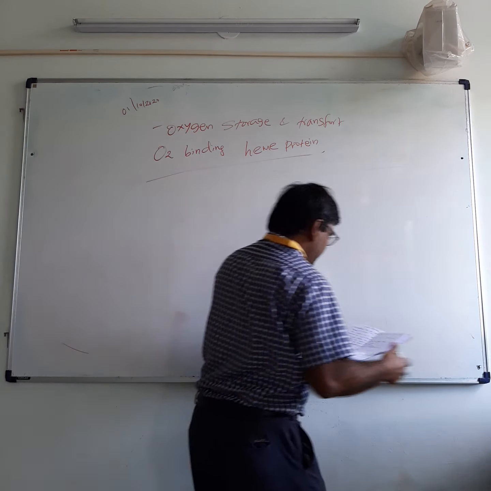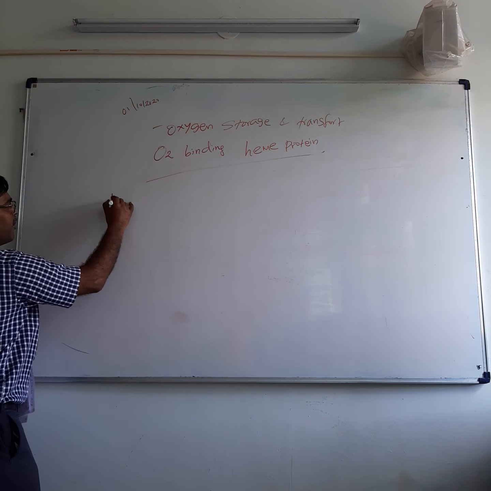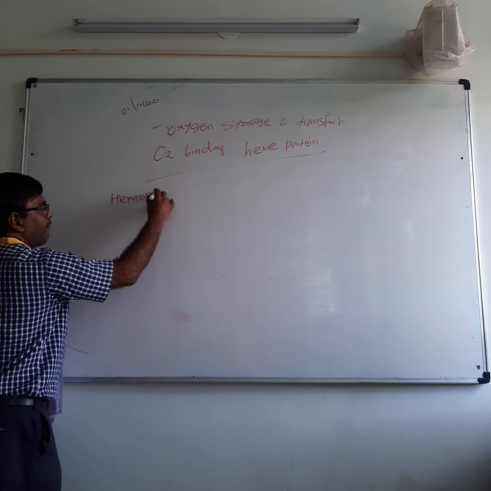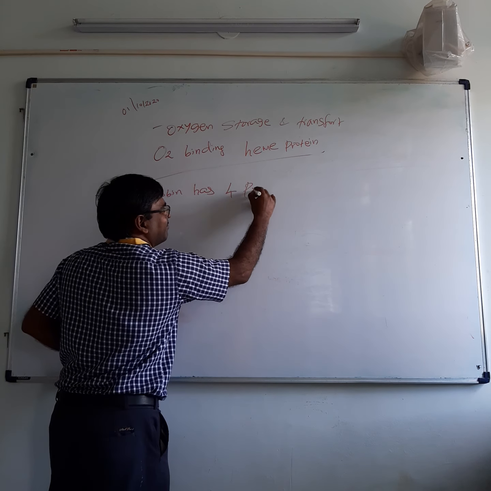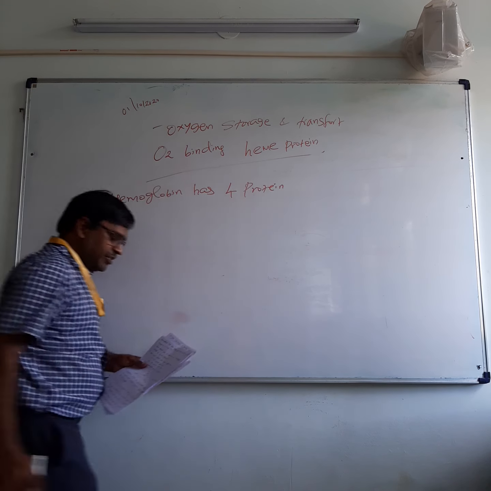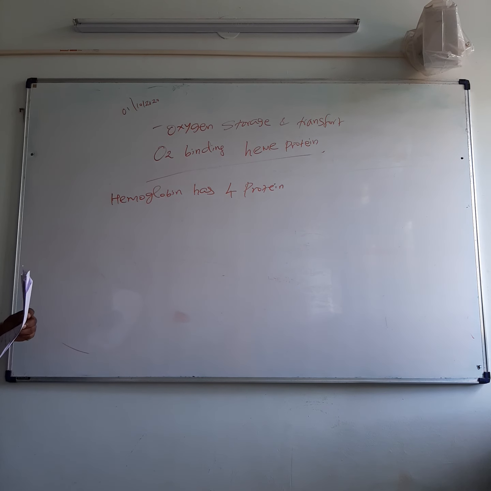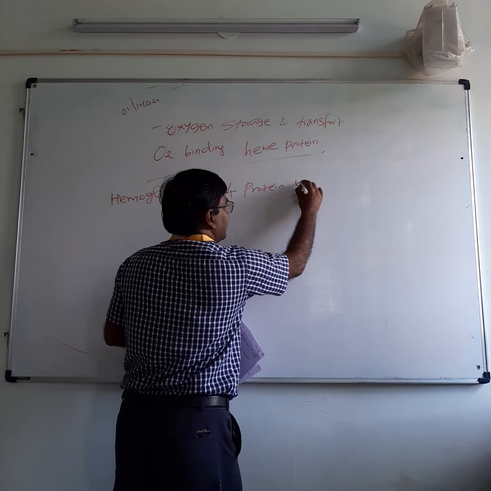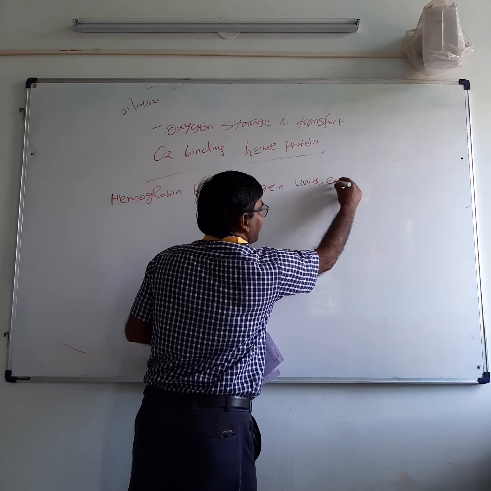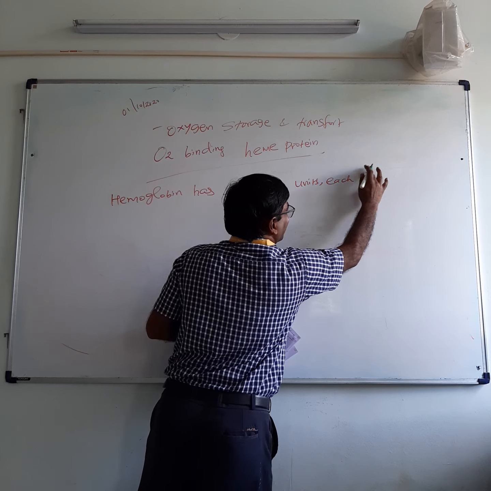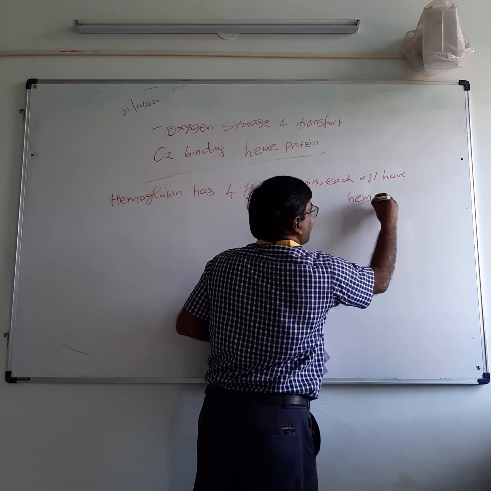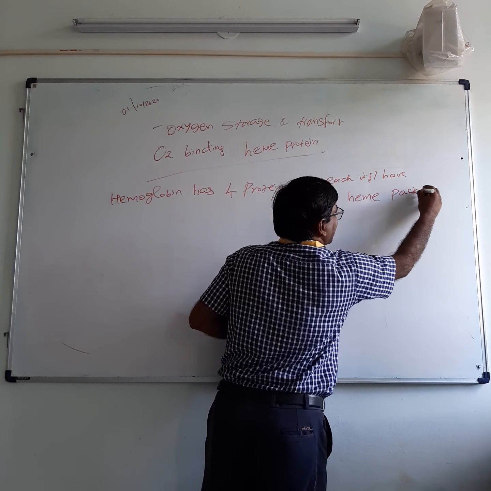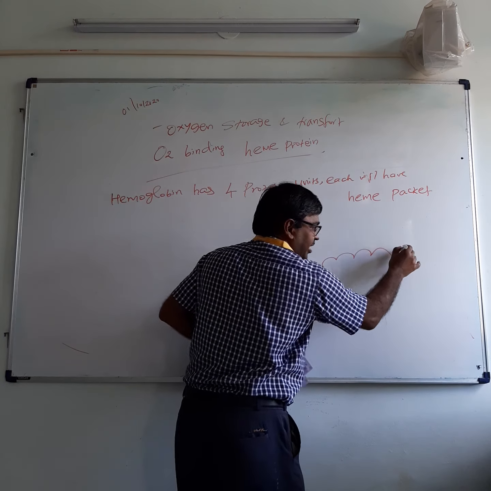Hemoglobin has 4 proteins, 4 protein units, and each protein has a pocket called a heme pocket.